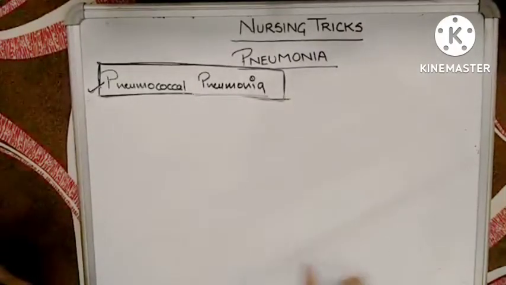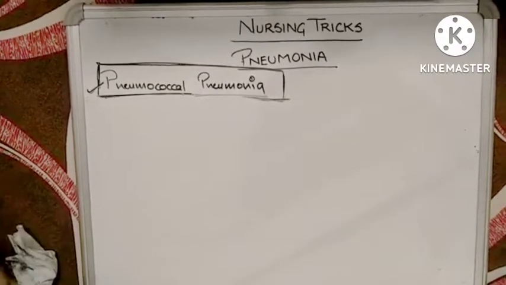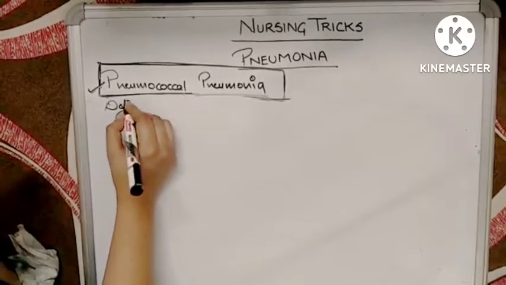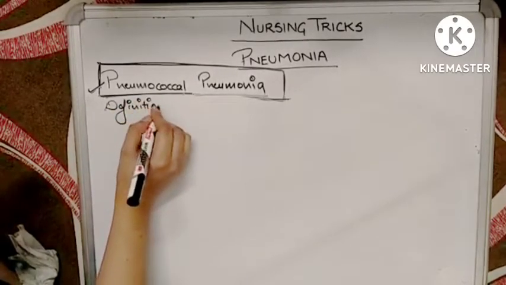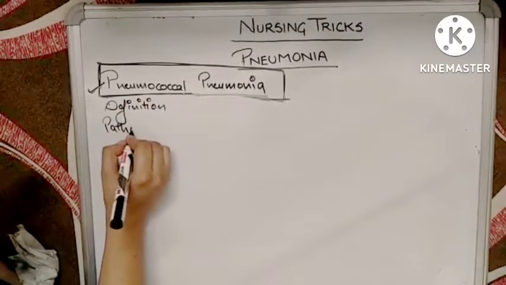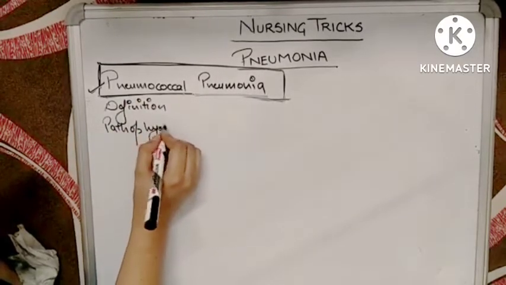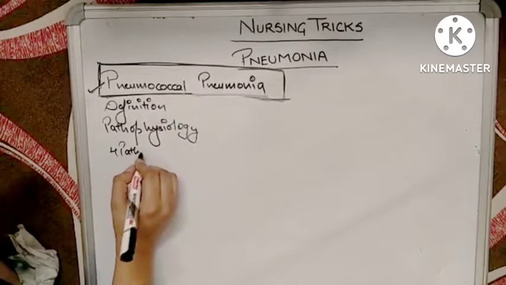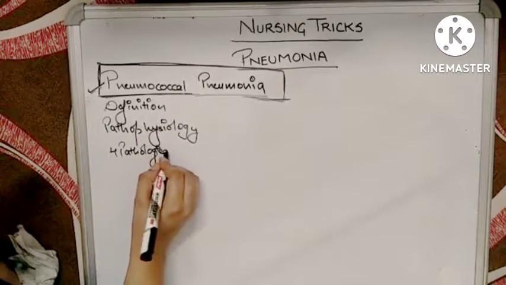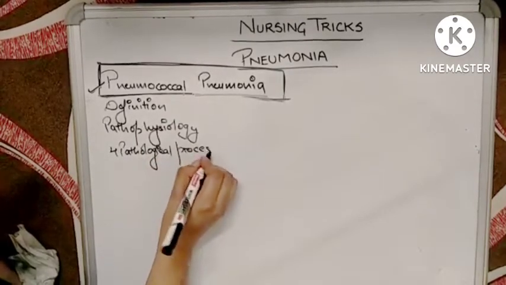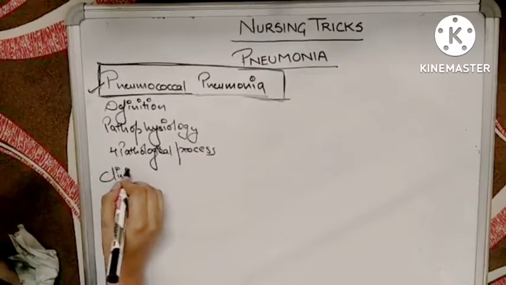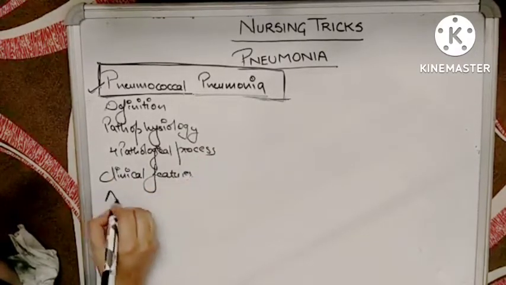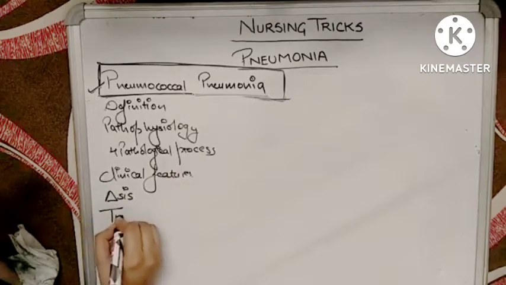Okay, so just to revise what all we have seen: we have seen the definition, the pathophysiology, the 4 pathological processes that occur, the clinical features, the diagnosis, and the treatment.